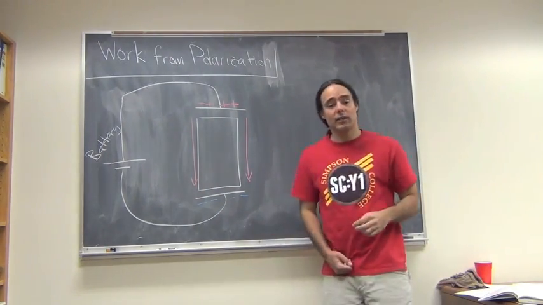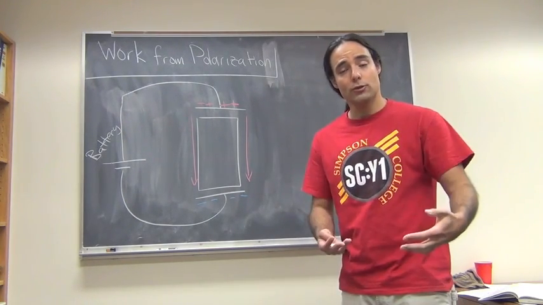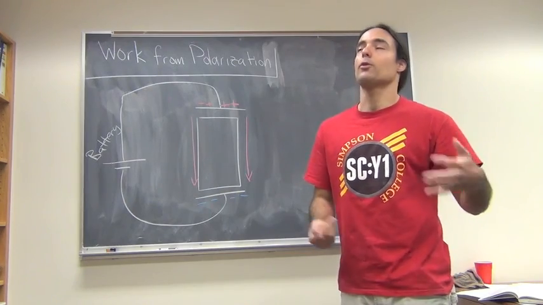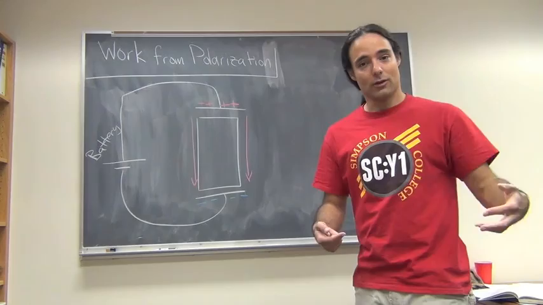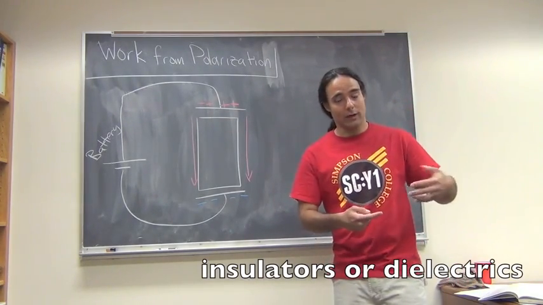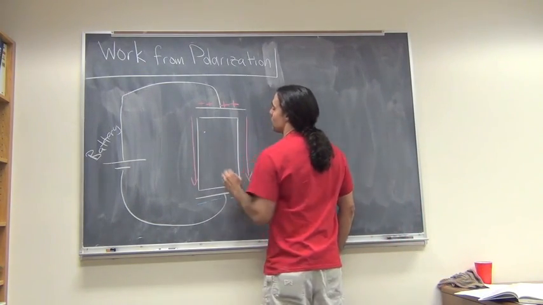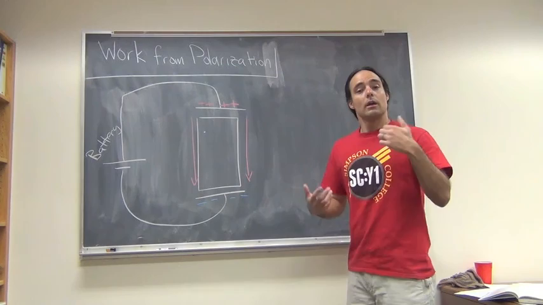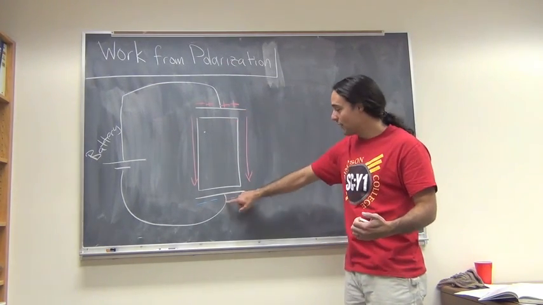Now, if that material is a conductor, charge is just going to flow through it and the electric field will go away. But many materials are not perfect conductors. They're going to polarize a certain amount. We call these either insulators or dielectrics. So what that means is if I look at my little atom right there, well, its electrons are going to move closer to those positive charges and move away from those negative charges.